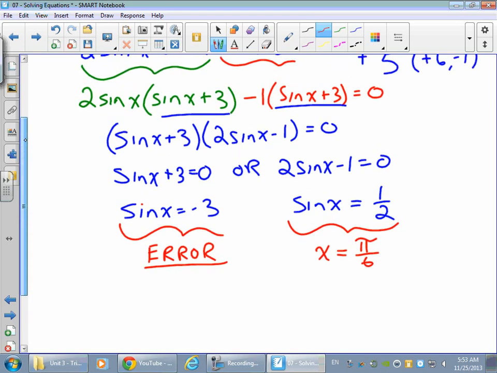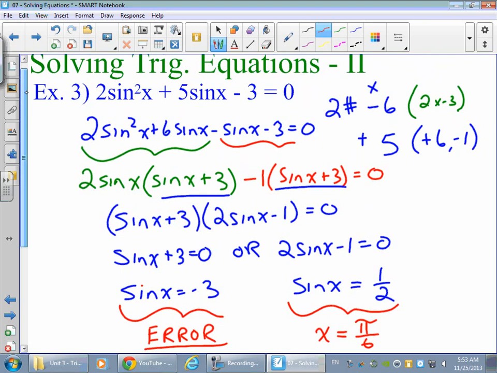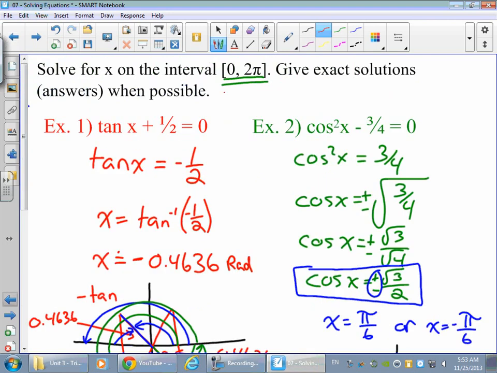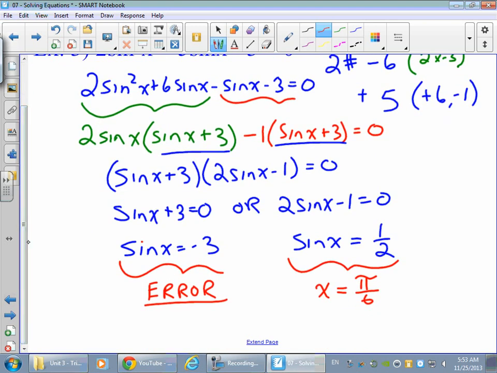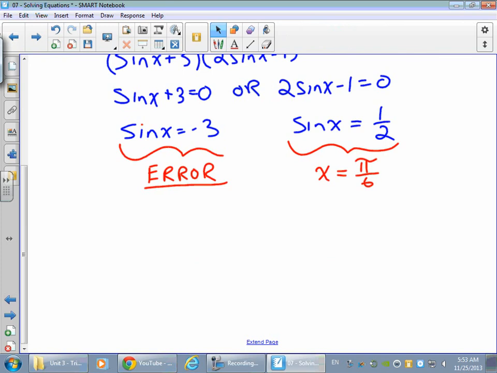So finishing up now, I've got x as pi over 6, but referring back, the questions here are going to be on the interval 0 to 2 pi. So if there are other solutions other than just pi over 6, we do want to make sure we catch them.